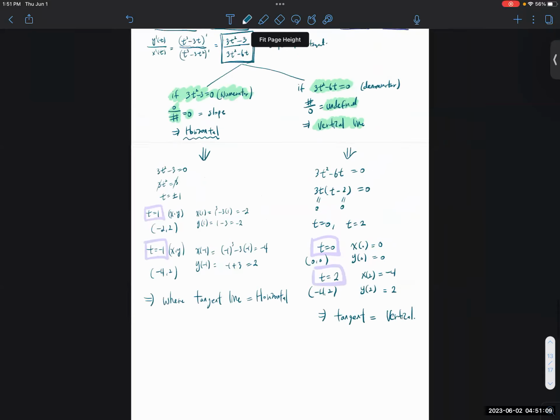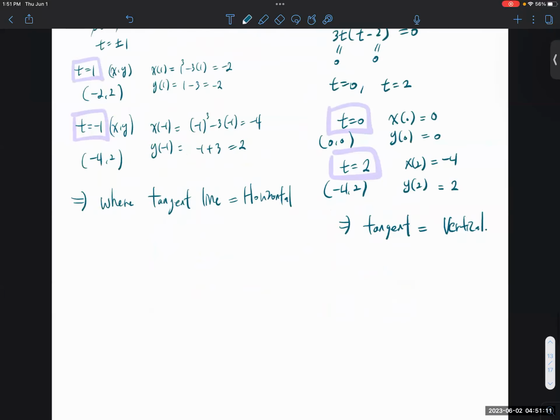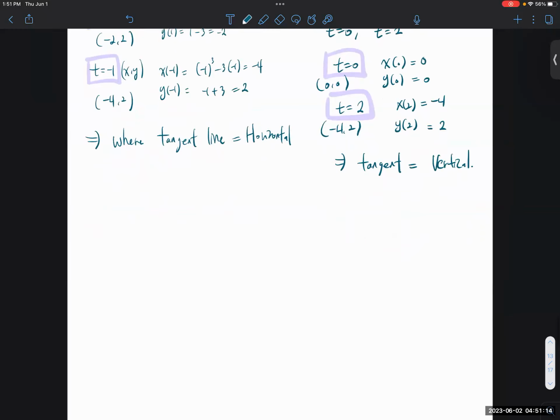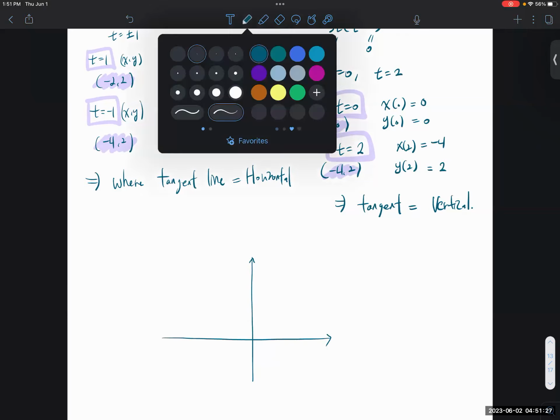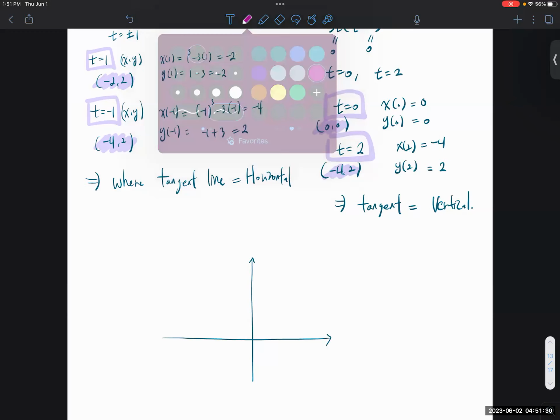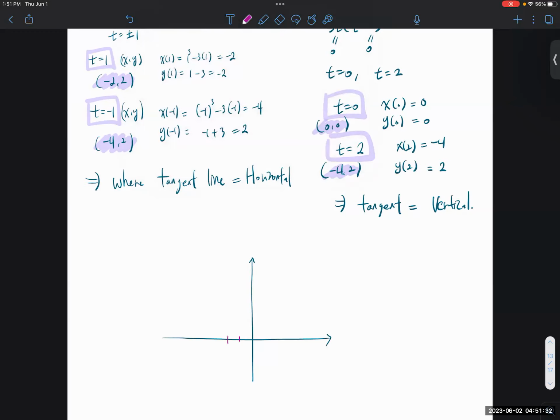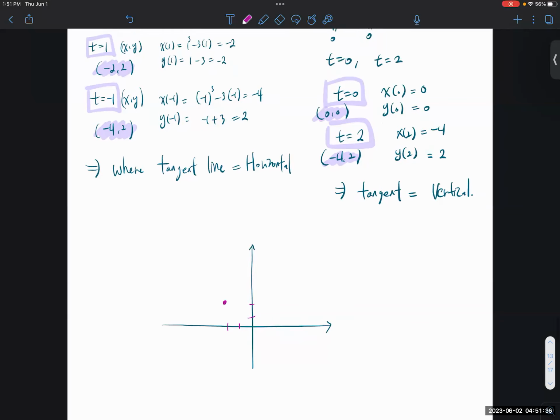So what does it mean? Let's graph it. I'm going to make a big graph. So let's plot the points (-2, -2), (2, 2), (0, 0), and (-4, 2). Where are those points? (2, 2) is right there, and then (-4, 2) is here.